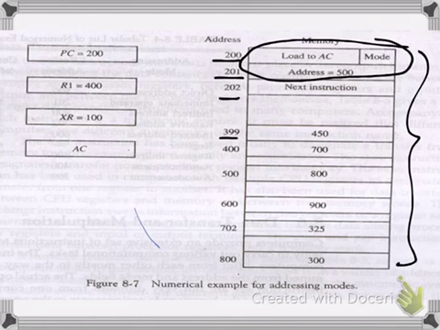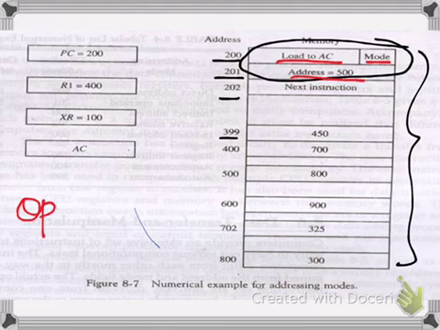The first part of it contains the operation, that means load to accumulator. Then comes the mode field, and then comes the address field. So there are three fields: operation, then mode, and then address.